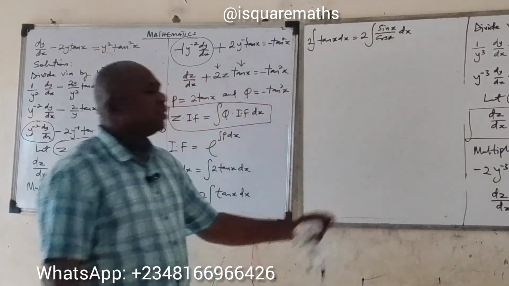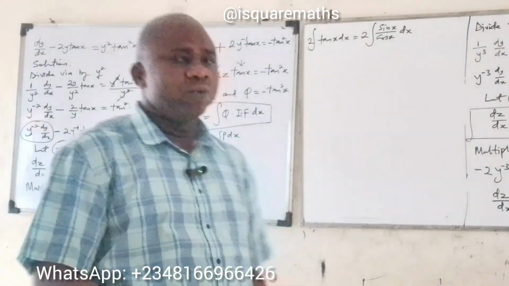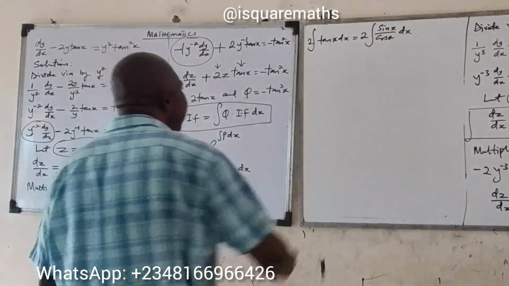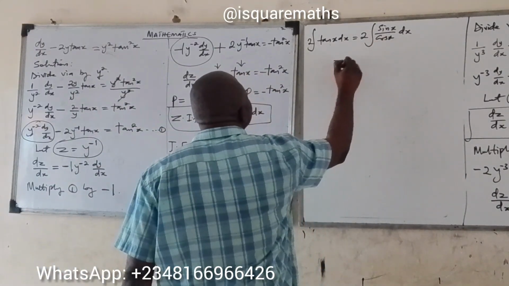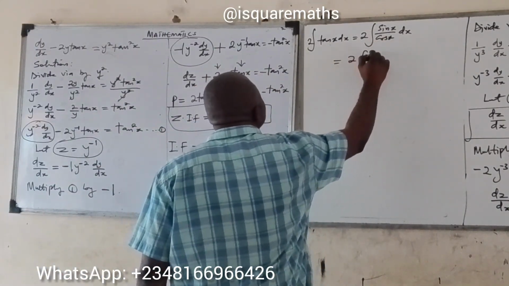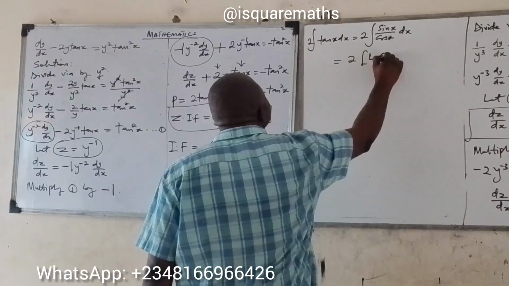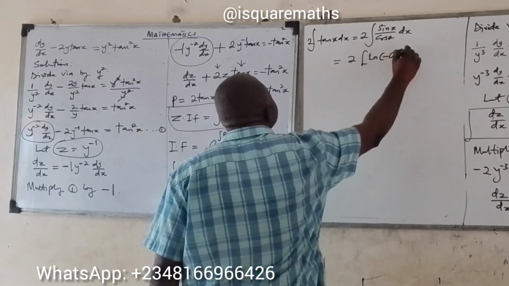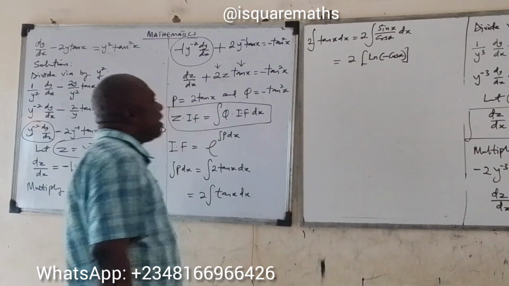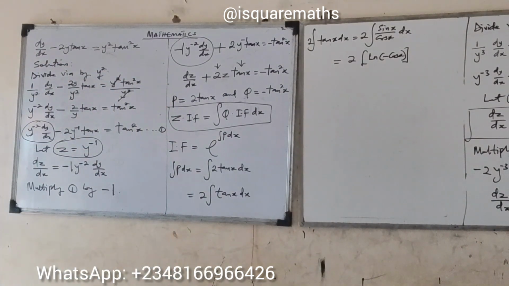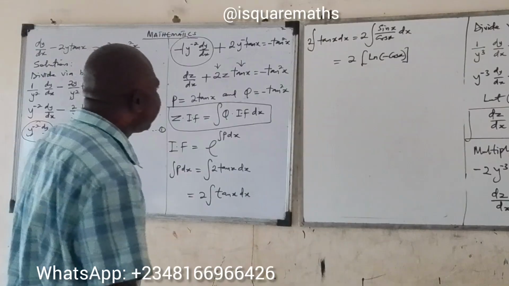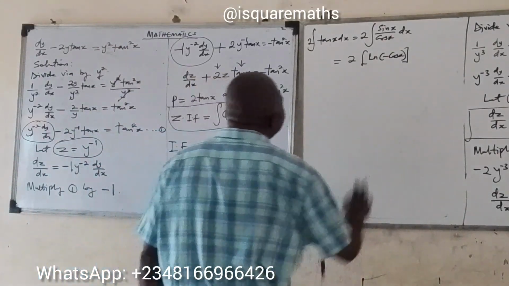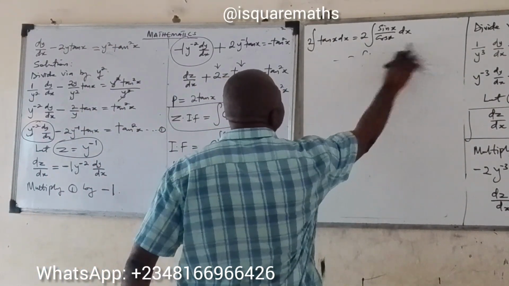Now in our first example, we actually saw that when you integrate this, it will give ln minus cos x. That's the integral of tan x. Let's bring it out again.